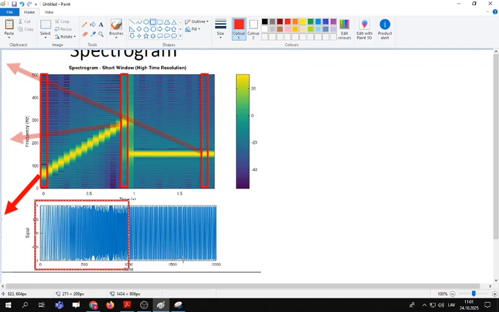I started with a lower frequency, and with every time moment the frequency becomes larger, faster and faster. So it constantly increases, and that's what we can see in the spectrogram in this line. You can see that the frequency actually increases linearly. So that's exactly what I wanted.